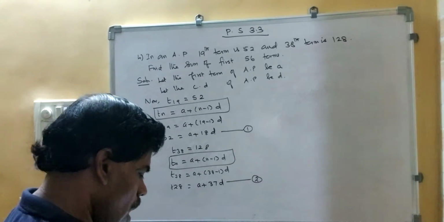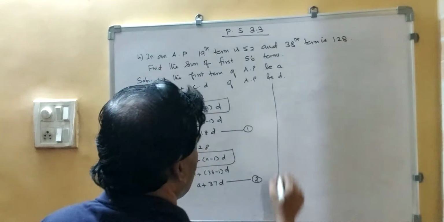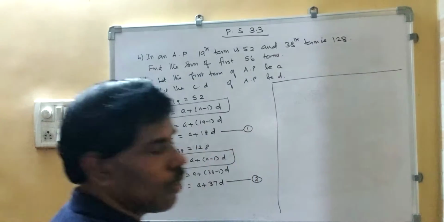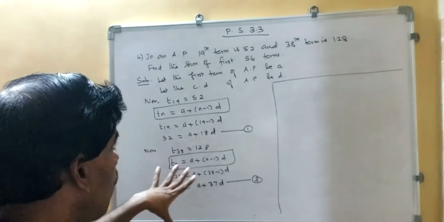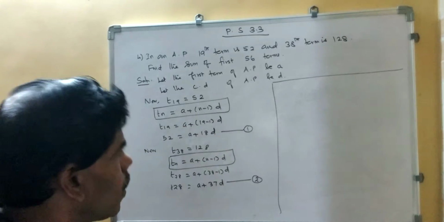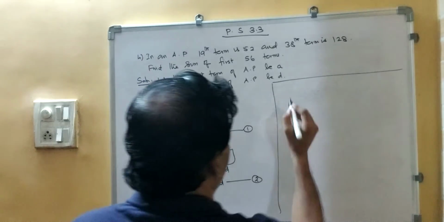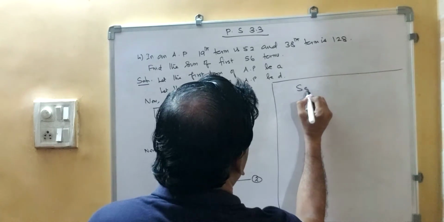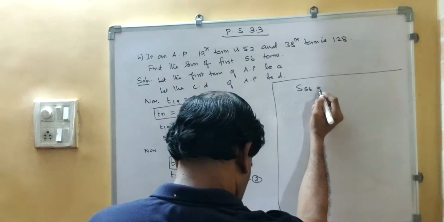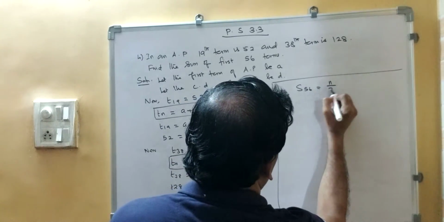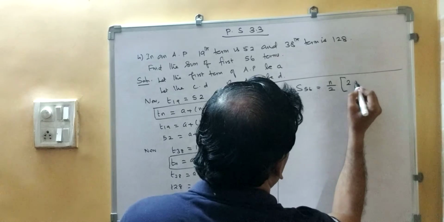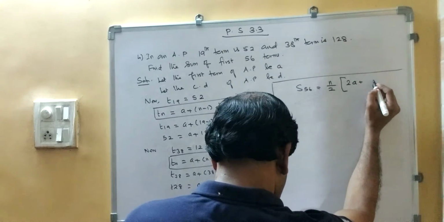Okay. Now listen very carefully. Here we will have to do this sum by using equation 1 and 2. How to do it? S56 equal to n by 2 into (2a plus (n minus 1) into d).